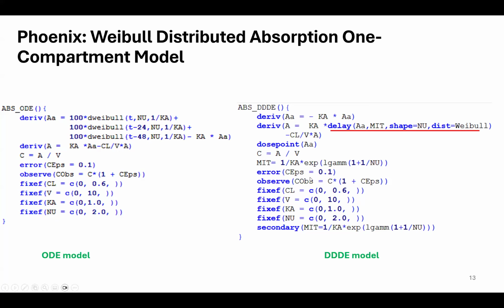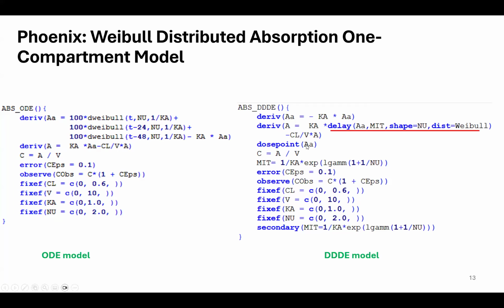And I use the equation for the mean value of the Weibull distribution from the previous slide, using not exactly the gamma function, Euler gamma. Instead of Euler gamma, there's a function which is the log of Euler gamma. If I apply the exponential to the log of Euler gamma, I will actually get the gamma function. So this is a little bit convoluted equation for the mean value of the distribution.